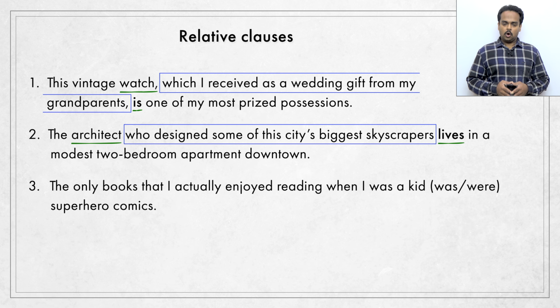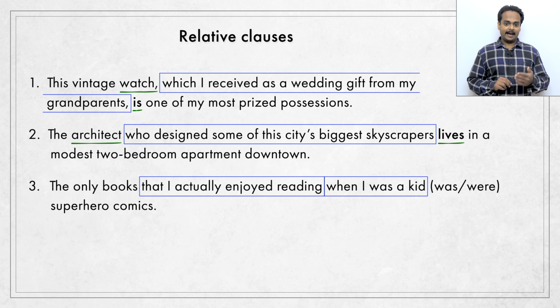Next one. The only books that I actually enjoyed reading when I was a kid was or were superhero comics. Stop the video and think about this one. Okay, first of all, did you find the relative clause? Actually, there are 2 relative clauses here. The first one is that I actually enjoyed reading, and the second is when I was a kid.